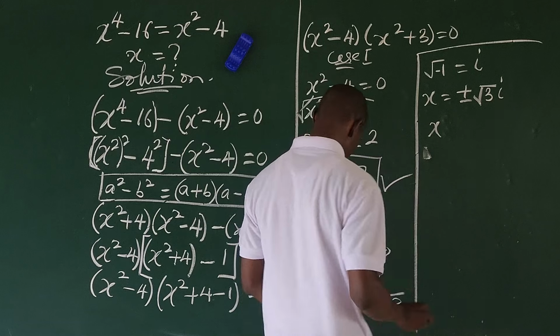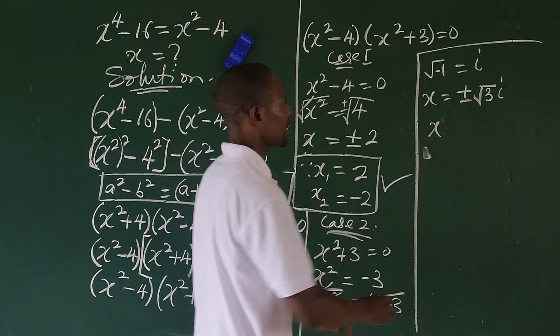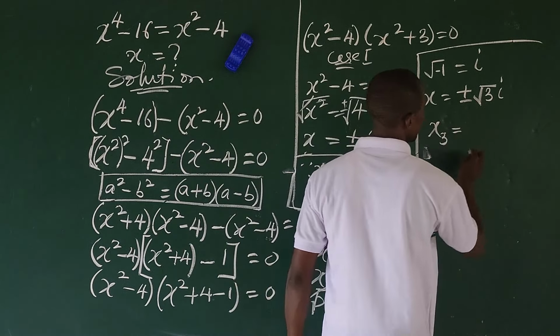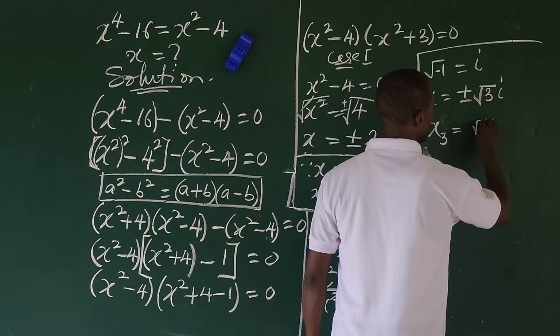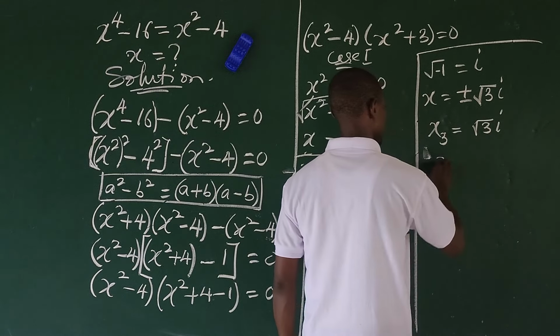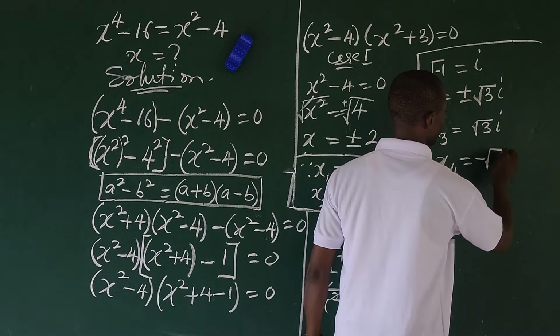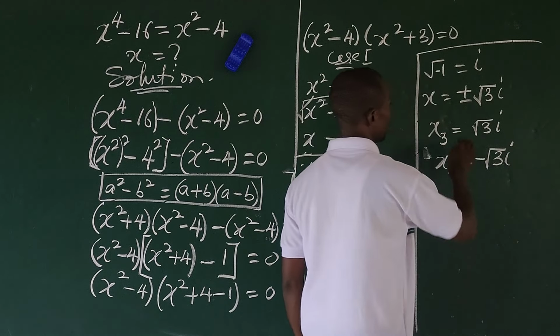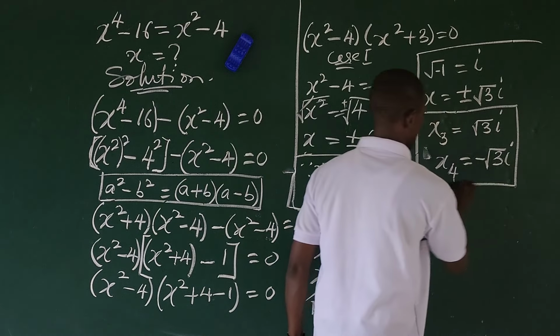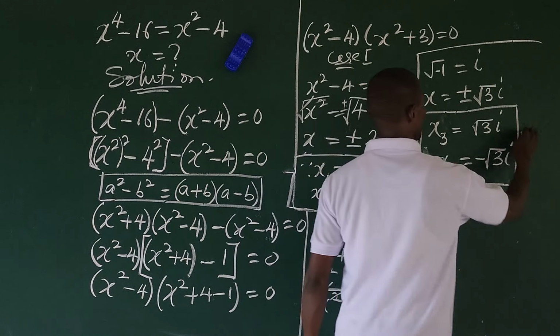So our x3 is equal to the square root of 3 iota, and x4 is equal to minus the square root of 3 iota. So these are the other two roots.